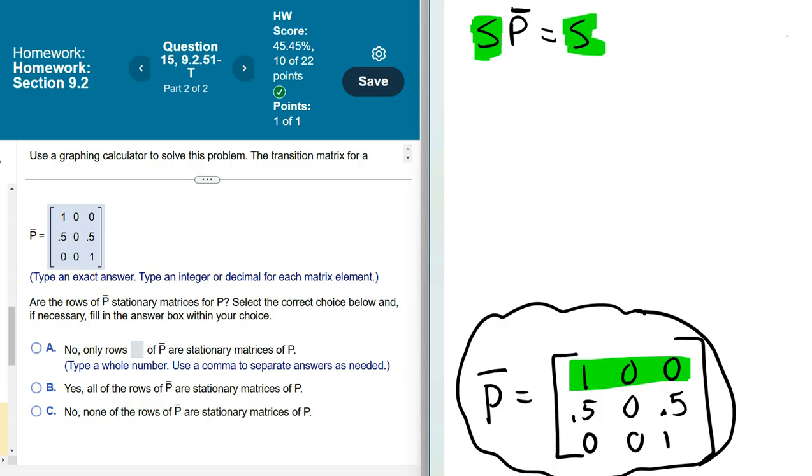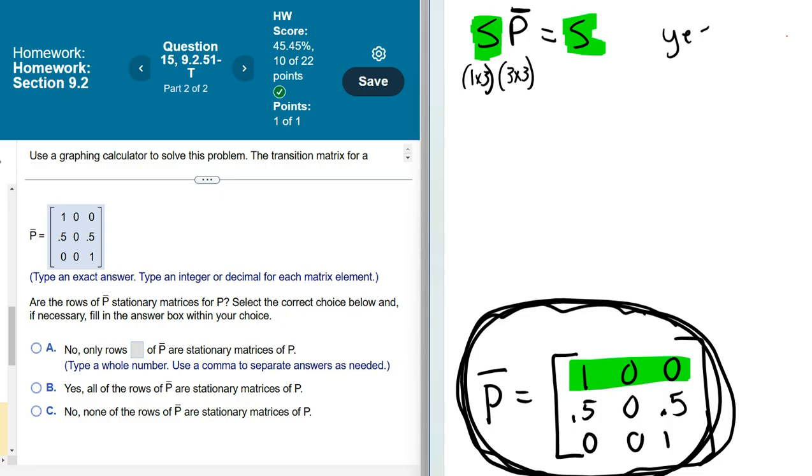So you have to go into your calculator and make this a 1 by 3. And of course, this one you'll have to recreate. You'll have to get a new 3 by 3 and put this into it. And if you multiply it, do you get the 1, 0, 0? And yes, you do when you do that.